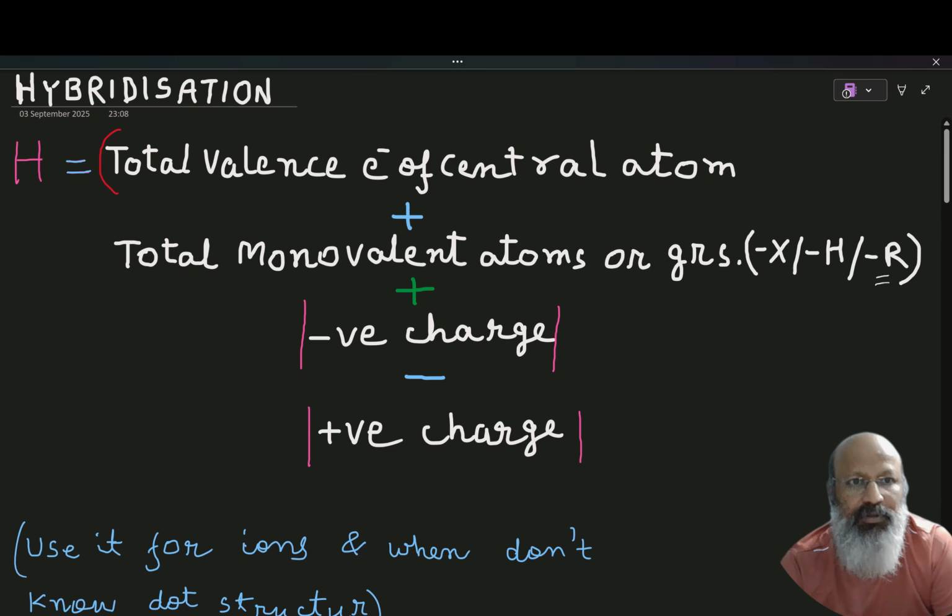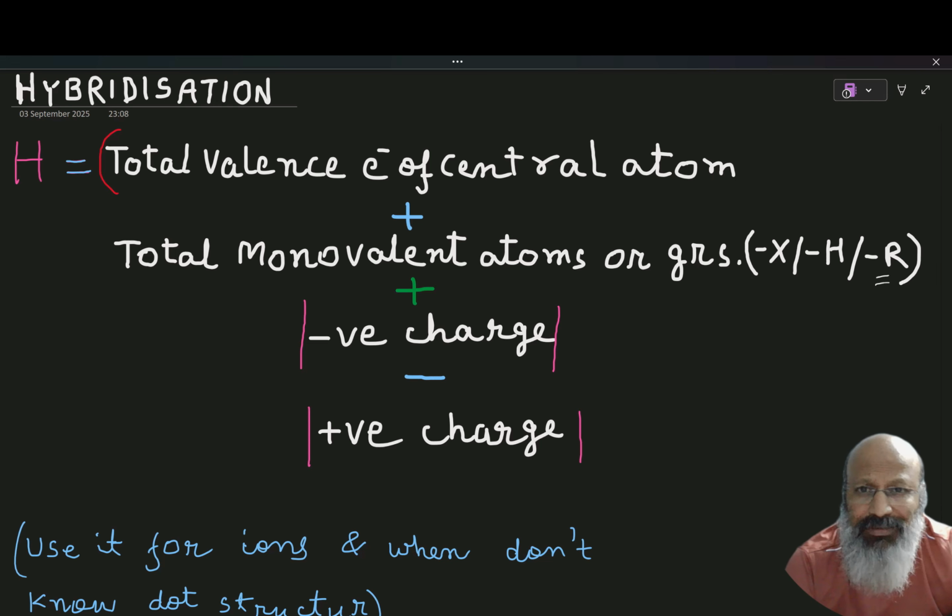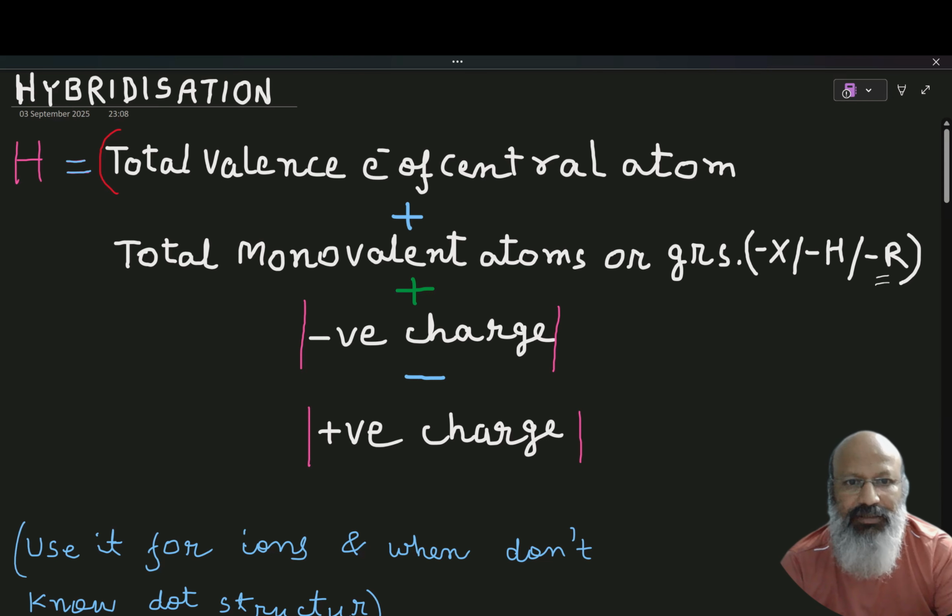You can see it. After that, you need to add the negative charge, only the modulus part. You should not add the sign along with that. And you should subtract the positive charge at the end. So this is our formula.